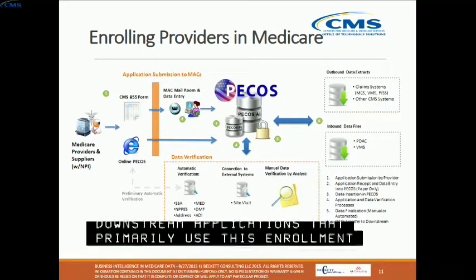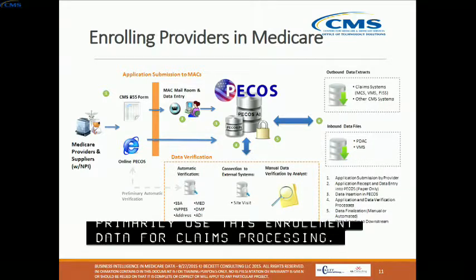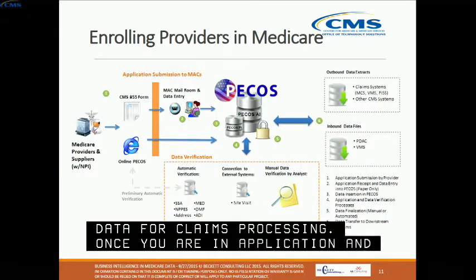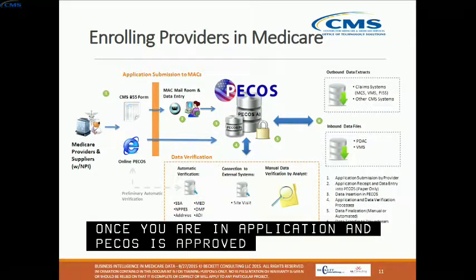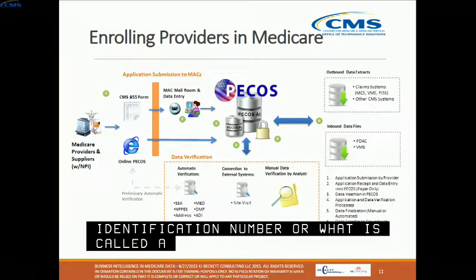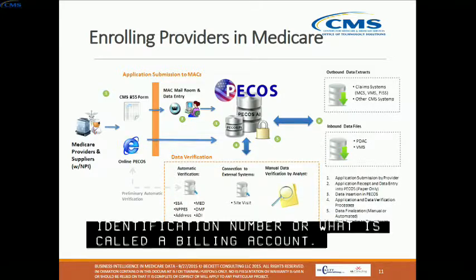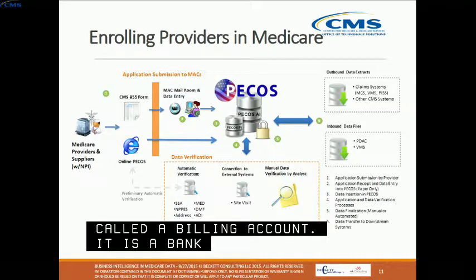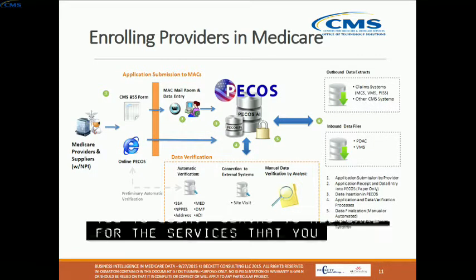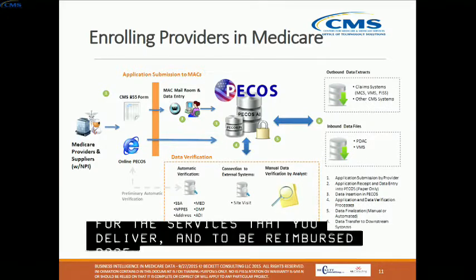Once your application in PACOS is approved, you are assigned a Medicare identification number, called a PTAN, which is basically a billing account. It's like a bank account that allows you to submit claims to Medicare for the services that you deliver and to be reimbursed based on the claims associated with that billing account.